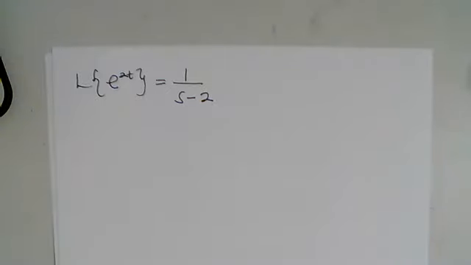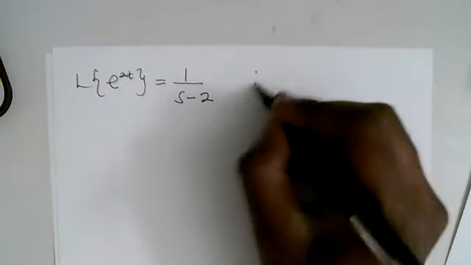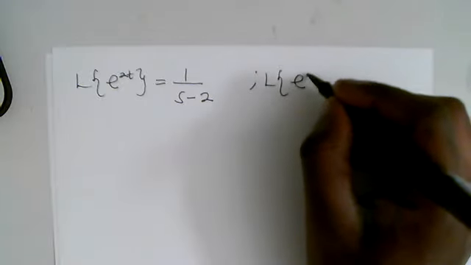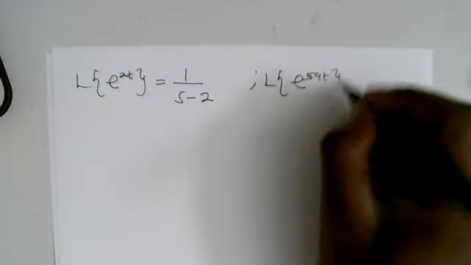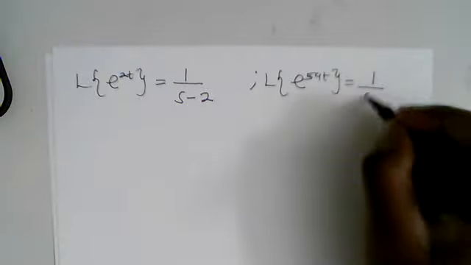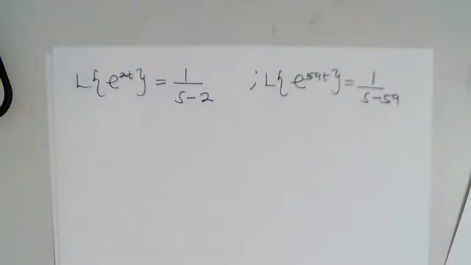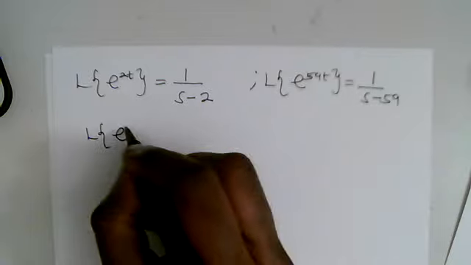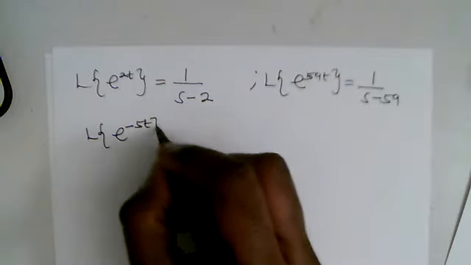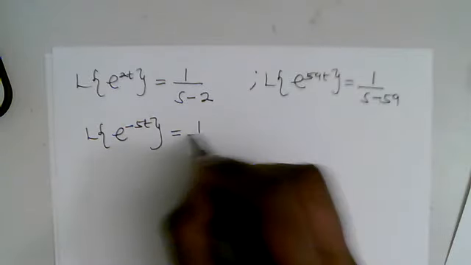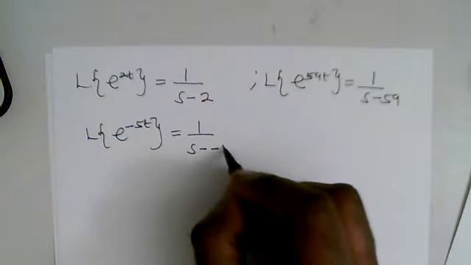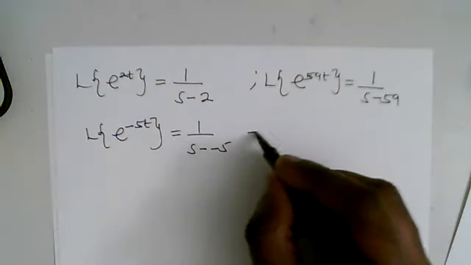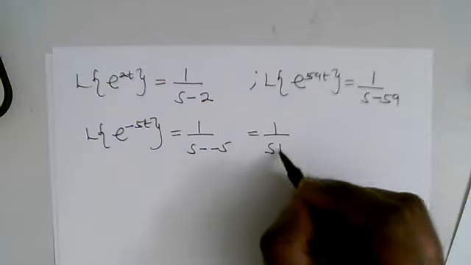In the same way, the Laplace of e to the power 59t is 1 over s minus 59. The Laplace of e to the power minus 5t gives us 1 over s minus a, and remember that a is minus 5, so this becomes 1 over s plus 5.